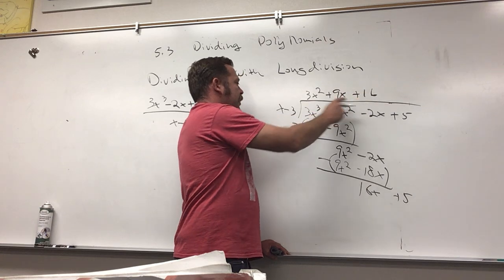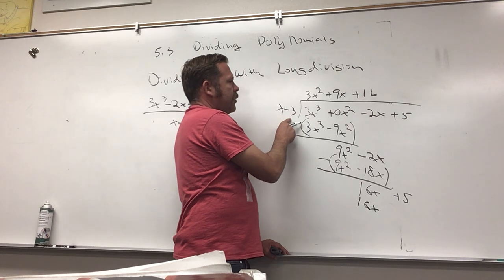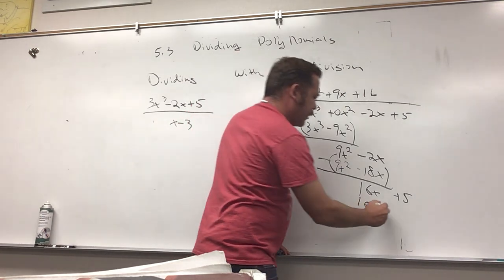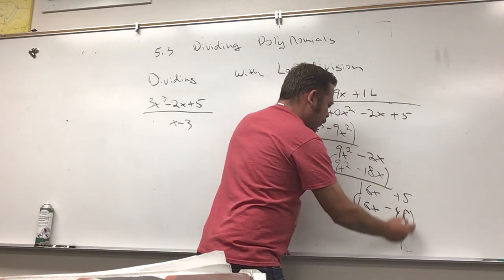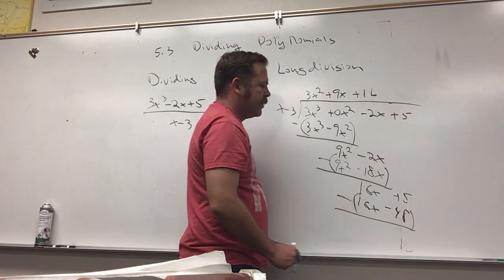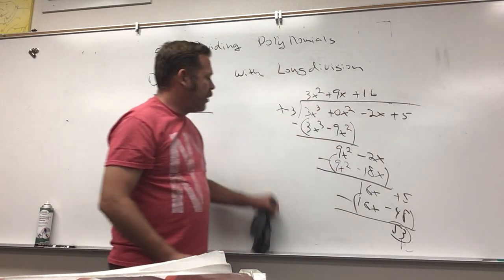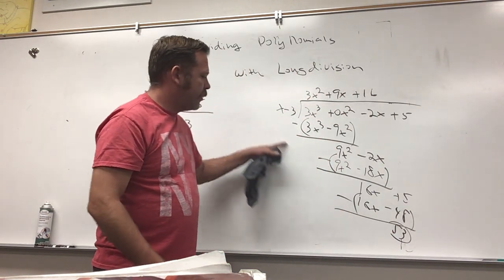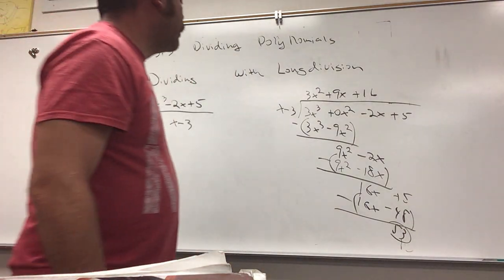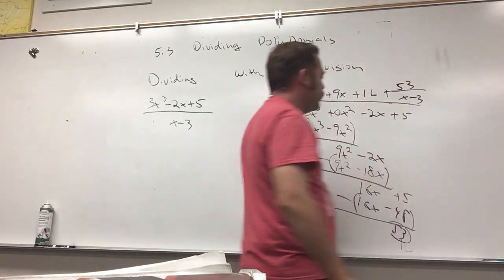And then you multiply 16 times x, 16x, 16 times negative 3 is negative 48, and then we'll subtract. 5 minus negative 48 is 53. So x can't go into 53, right? It doesn't fit, so that's going to be my remainder, and we'll say plus 53 over x minus 3.